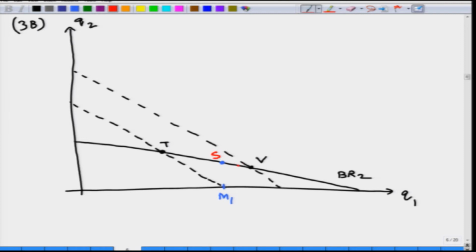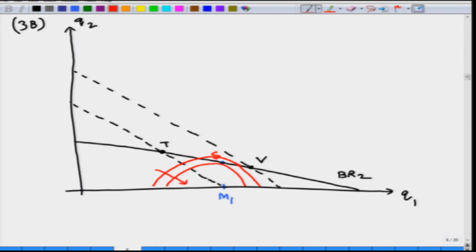Okay, so the B1 or the B star was somewhere here. Now the isoprofit curve passing through the Stackelberg output level is here, whereas the isoprofit curve passing through B1 is here.